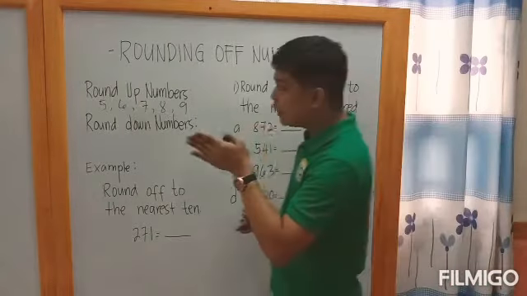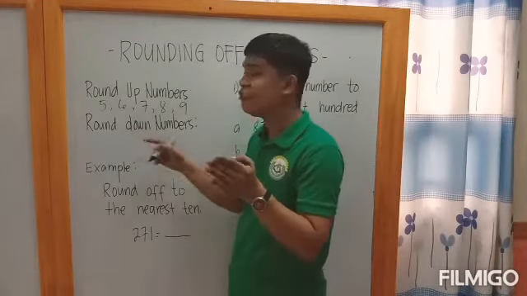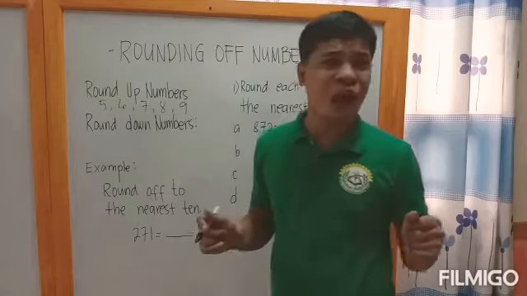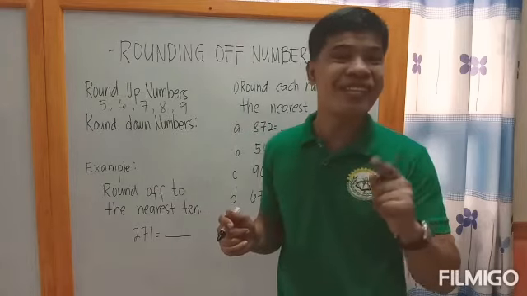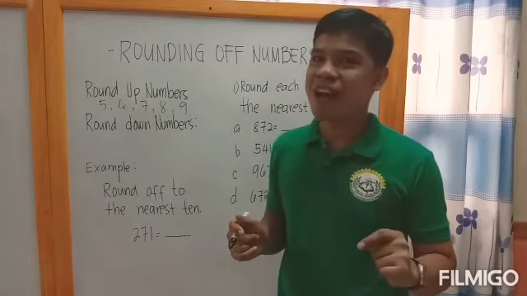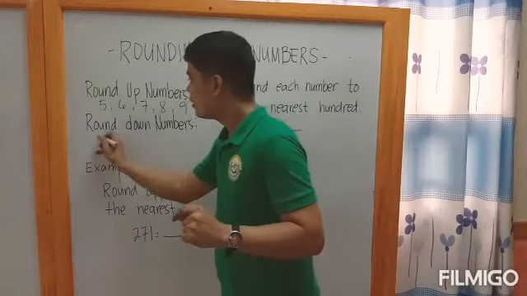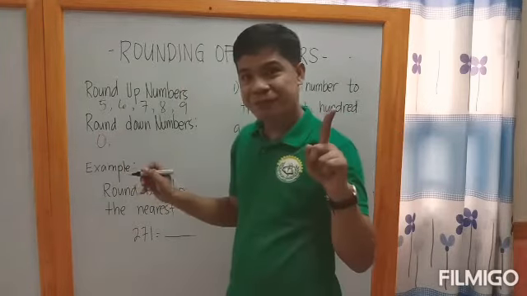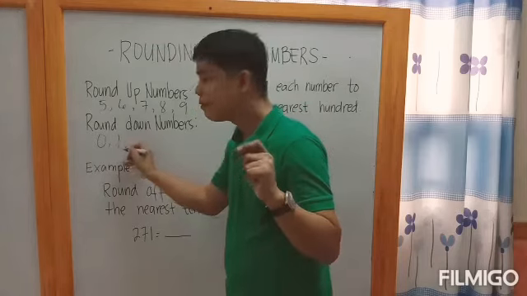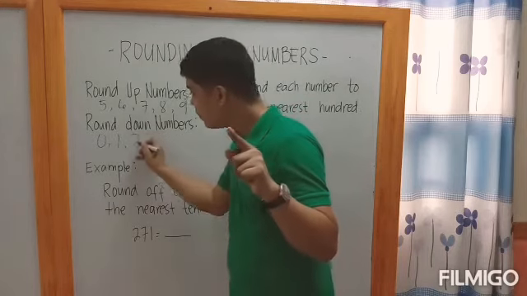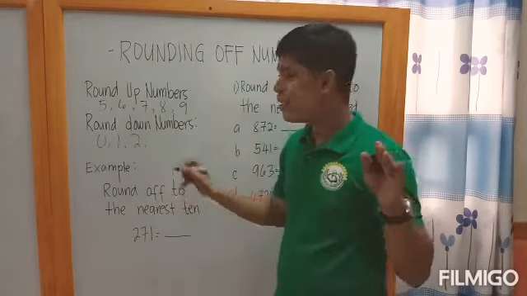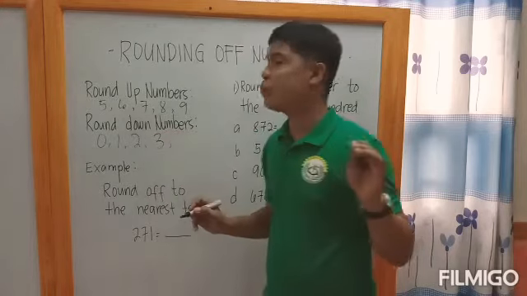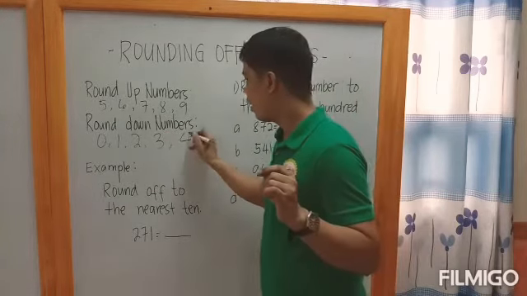Now, number 2: round down numbers. What are those round down numbers? Who can tell me? Round down numbers are 0, next 1, 2, next 3, and the last one is 4.